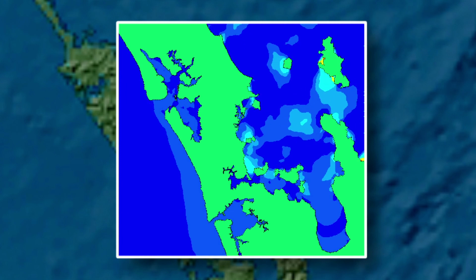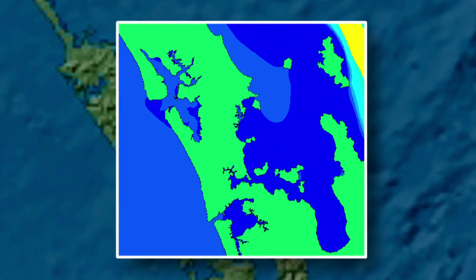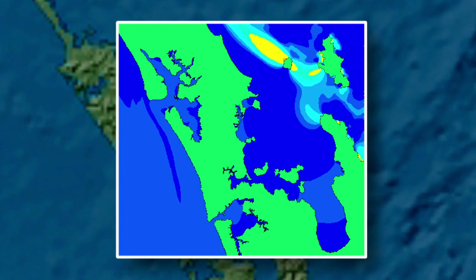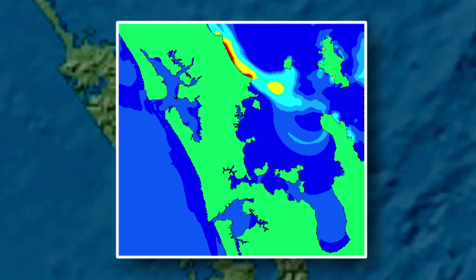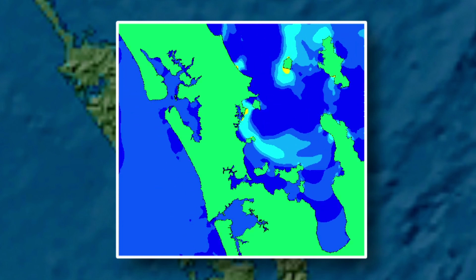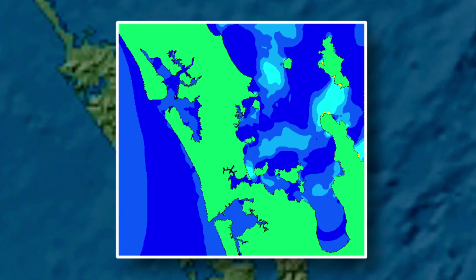For the rest of Auckland, down in the Hauraki Gulf and south of Whangaparoa, the waves have to turn around the Coromandel Peninsula and move down towards Auckland City. In those areas, the waves start to lose energy, they start to move together, and the inundation extents aren't as significant.